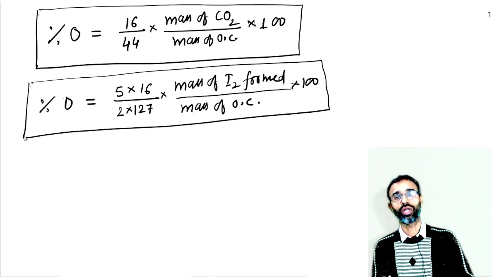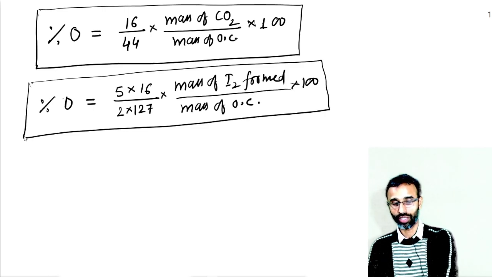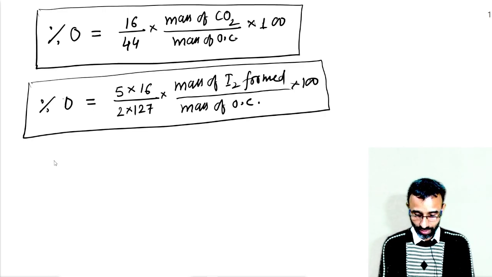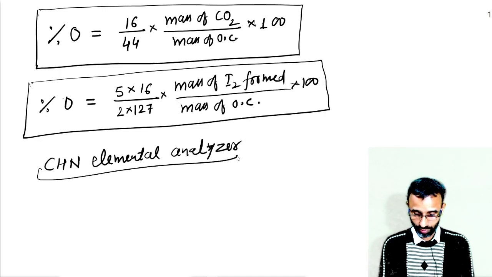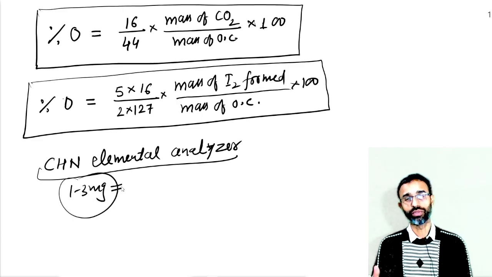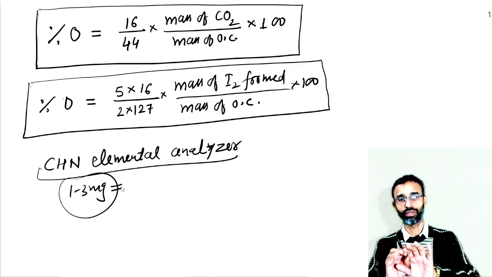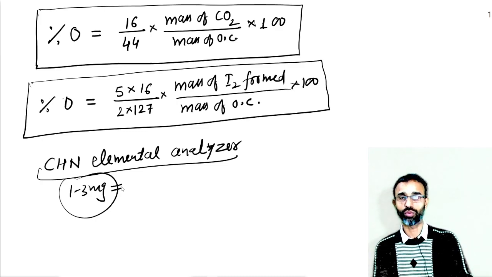So this is all about the percentage of all the elements present in the organic compound. Nowadays we use CHN elemental analyzer. This is an instrument, just 1 to 3 milligram of organic compound is required and it will give percentage immediately. Means on the screen there is a percentage of carbon, hydrogen, nitrogen.